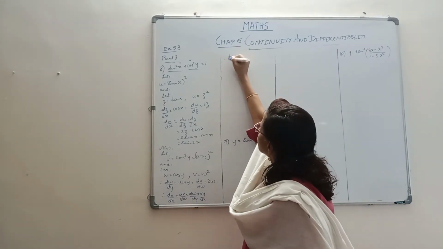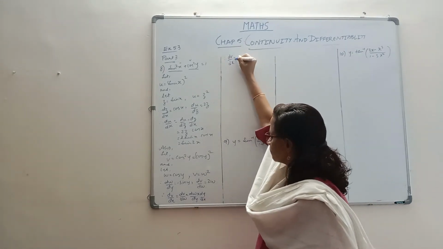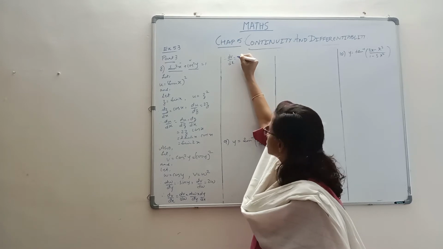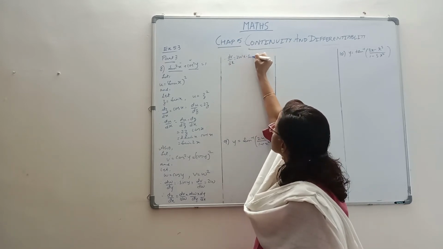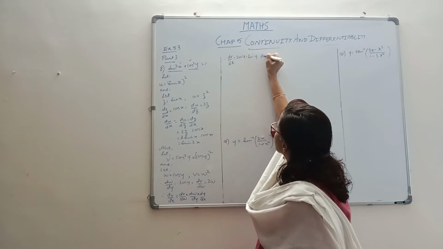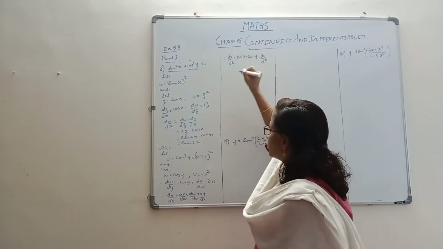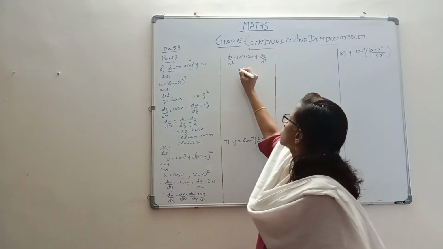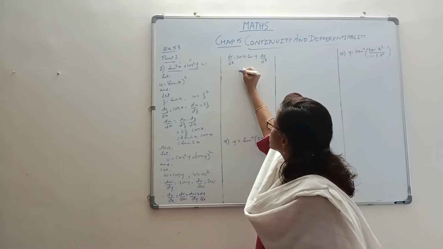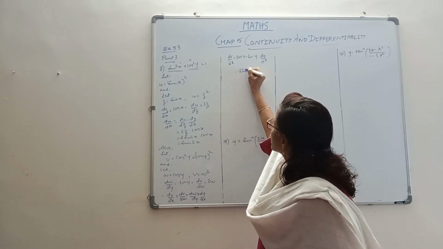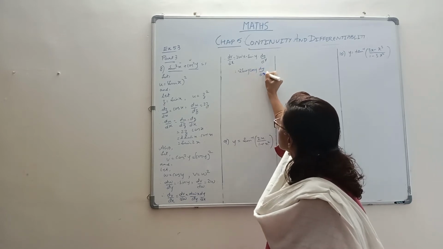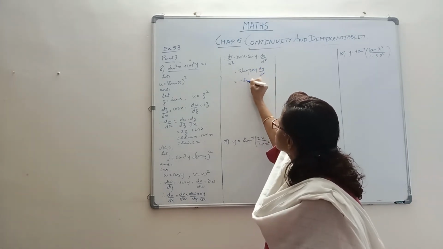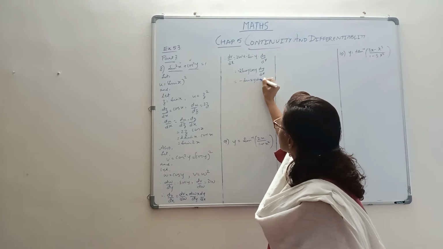Therefore, dv by dx is dv by dw, that is 2w, and then minus sin y, and then dy by dx. If it's possible for us to revert back, yes, w is cos y. So it's minus 2 sin y cos y dy by dx, or rather it is minus sin 2y dy by dx.